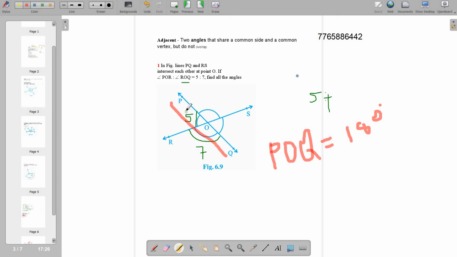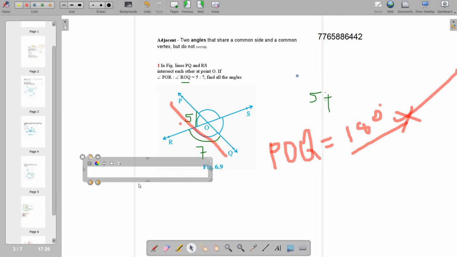Okay. Now we know that POR and ROQ are in the ratio of 5:7. My writing is not clear, but I hope you can understand. What does this mean? Let us see.